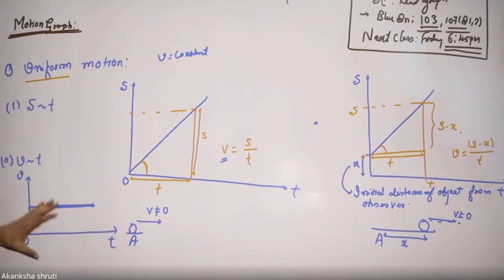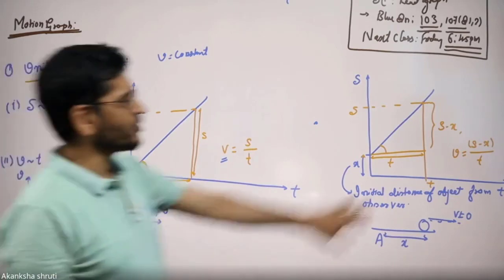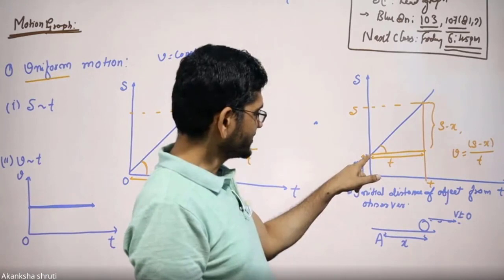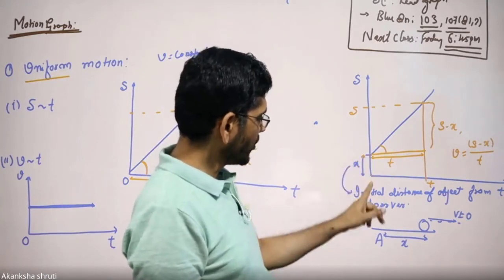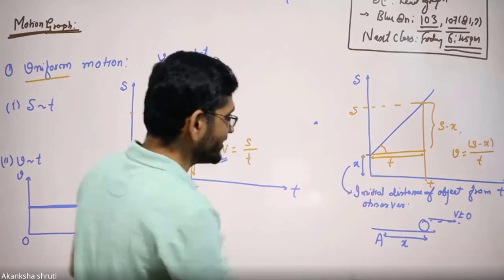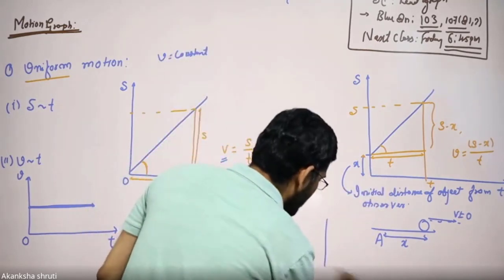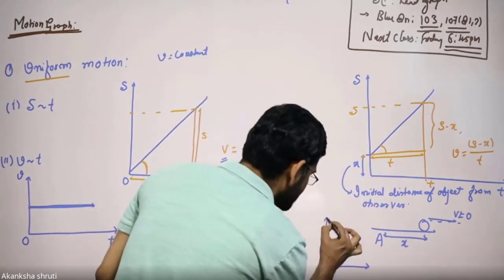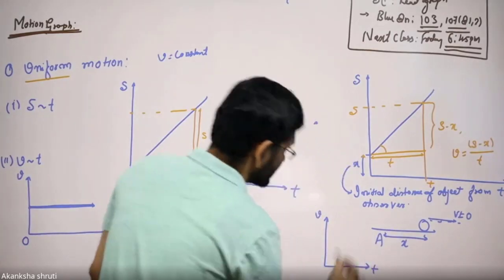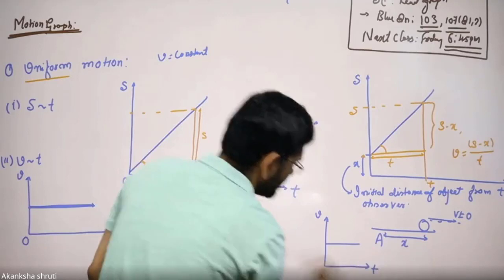The same kind of graph is also obtained here, because even the speed that we will obtain at t equals 0 is also the same. So even in this case, your speed time graph, the speed is constant, it will be like this.